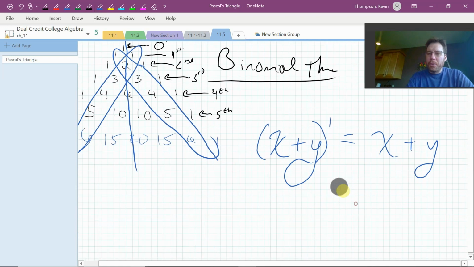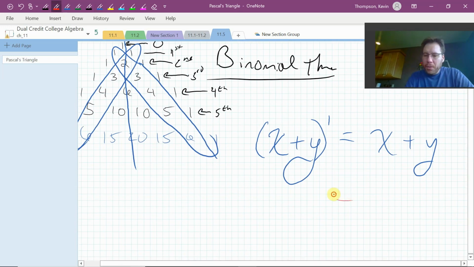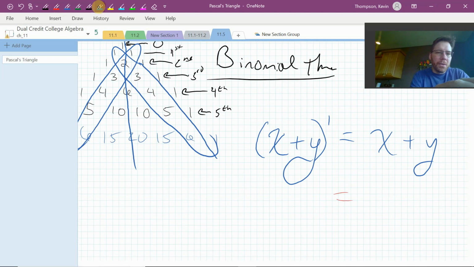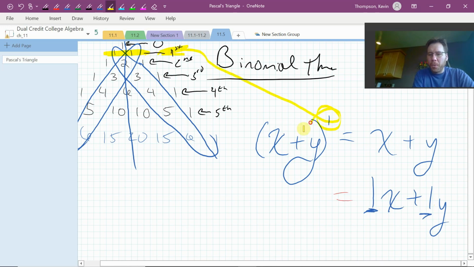And if I was being super meticulous or redundant, I might say 1x plus 1y. And so notice that those coefficients, 1 and 1, are matching the coefficients in the first row, because the exponent here is 1. So let's keep going.